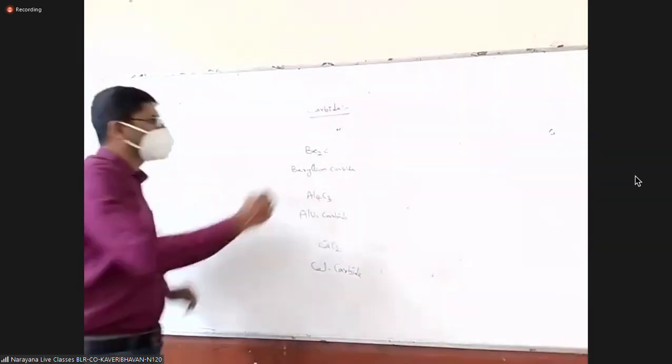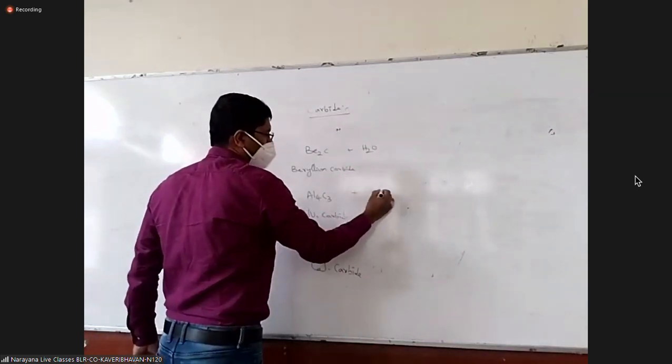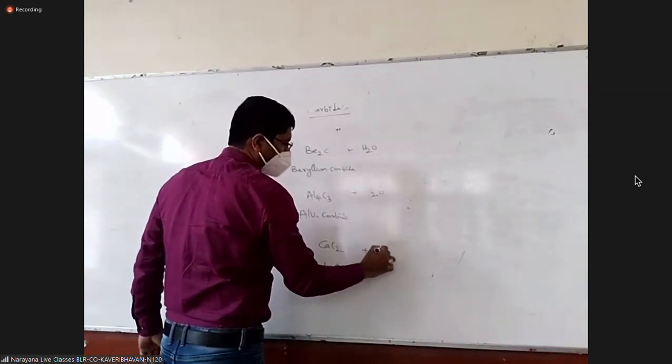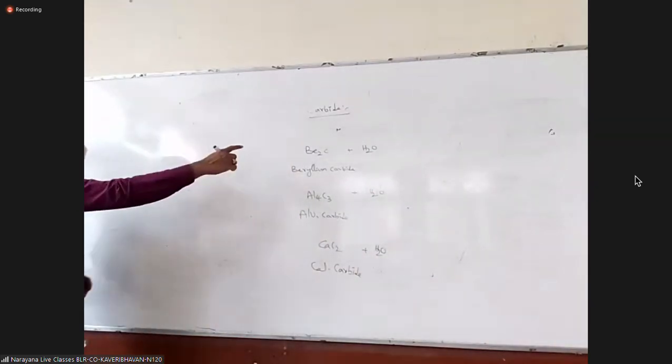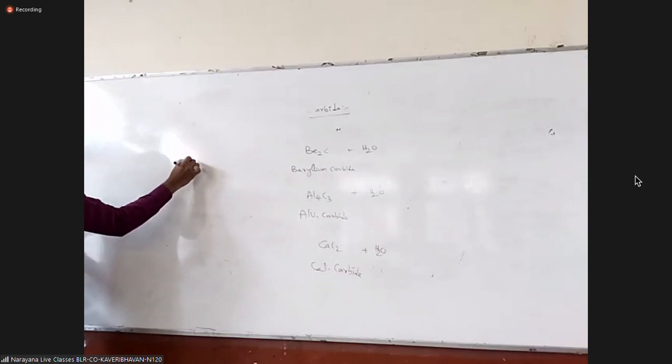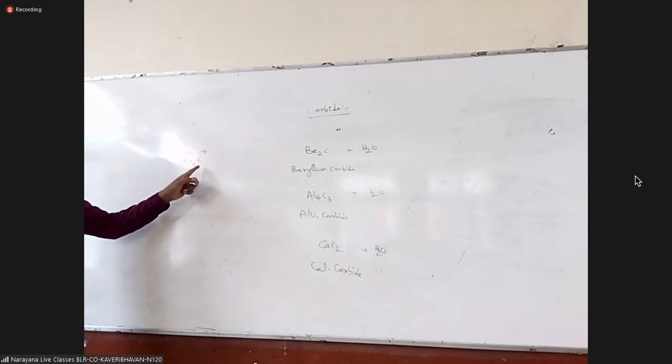When I do hydrolysis, what is hydrolysis called? Addition of water. When you add water, what are the products coming from these carbides? See, Be is second group, plus 2. Carbon is fourth group, minus 4. This is plus 2 and minus 4. Do you know how this has come?